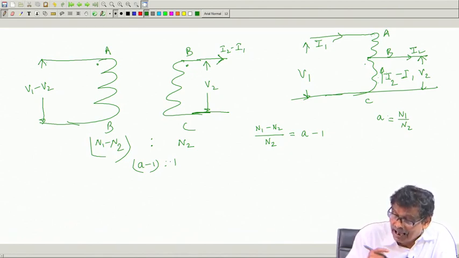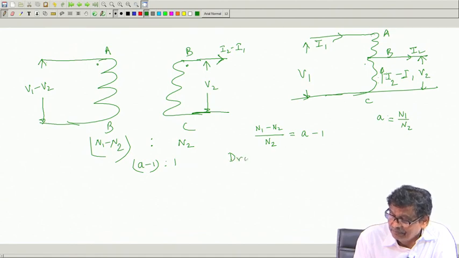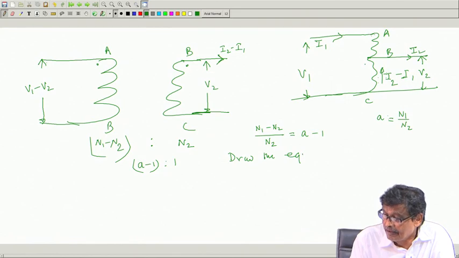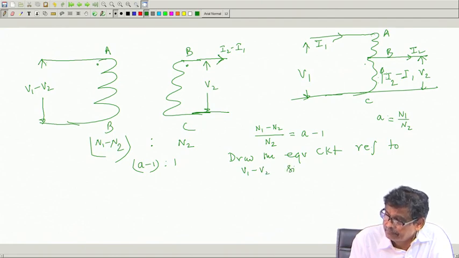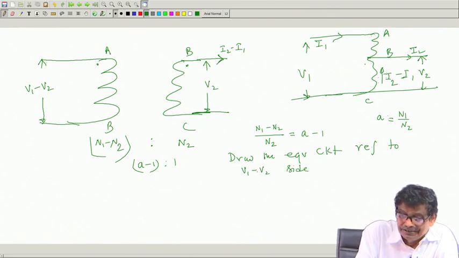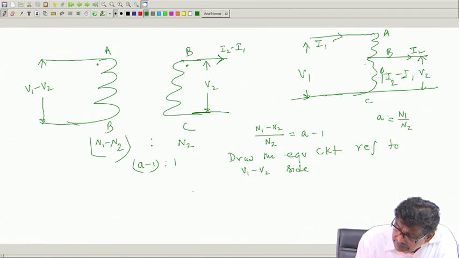Then I will go another step ahead, and today I will stop it here. Then draw the equivalent circuit. Equivalent circuit of this circuit, referred to, I will not say source, to the V1 minus V2 side, because this winding will see, okay, across it has been applied a voltage of V1 minus V2, and what will be the equivalent circuit?